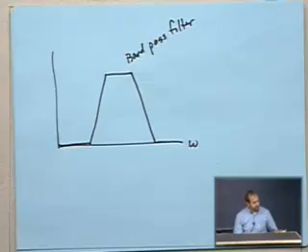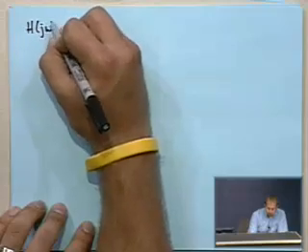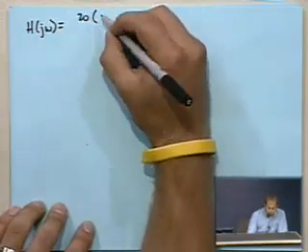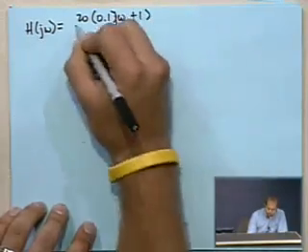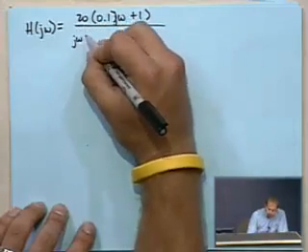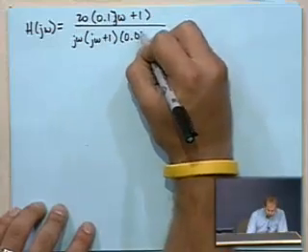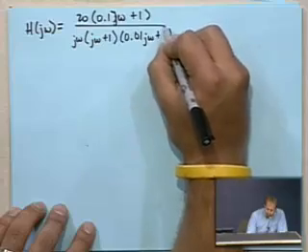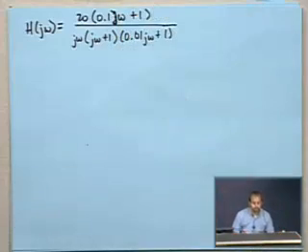Here's another somewhat more complicated and hopefully interesting example, which also brings into account another interesting behavior of a Bode plot. So here our transfer function is 20 times (0.1 jω + 1) over jω times (jω + 1) times (0.01 jω + 1).